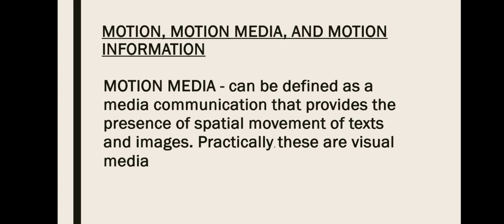For example, a TV commercial that features animated characters moving across the screen, or a social media post that includes a video with text overlay and dynamic images. Those are all examples of motion media because they involve the spatial movement of text and/or images.